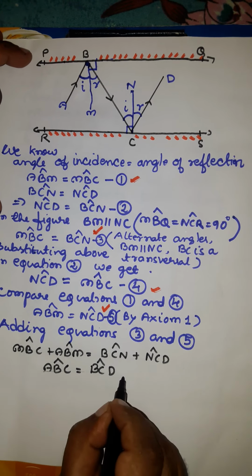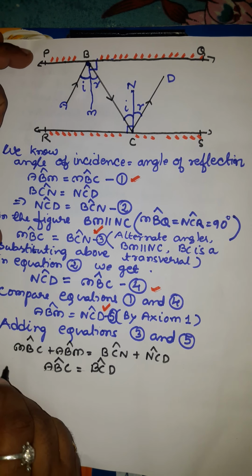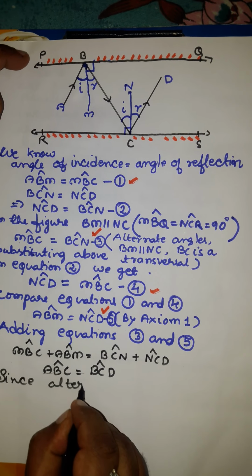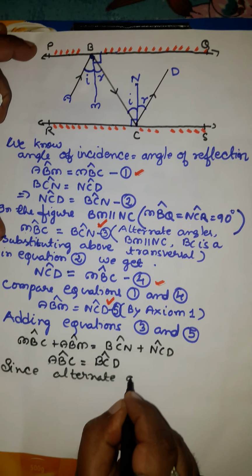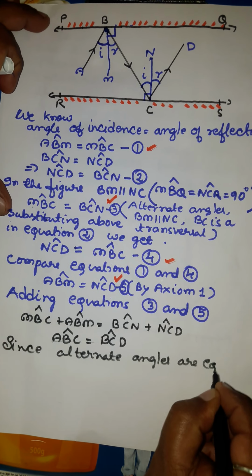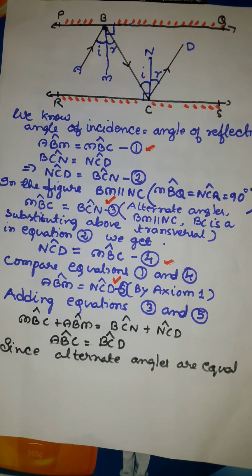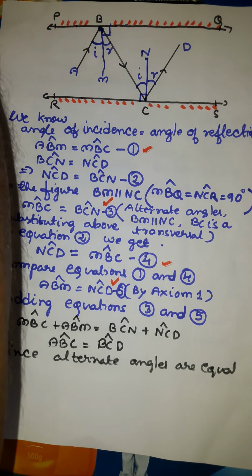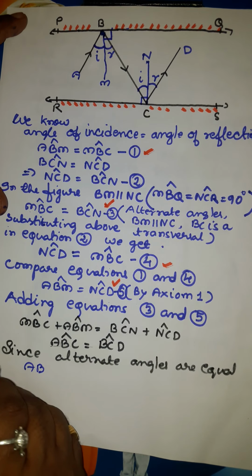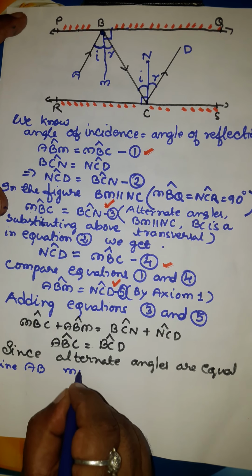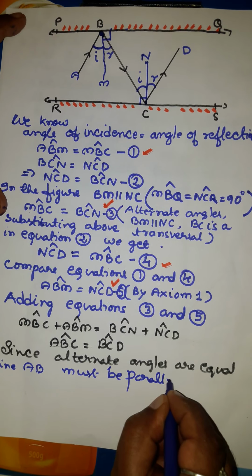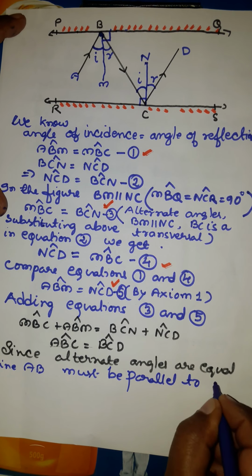So what type of angles are these? Alternate angles. Since alternate angles are equal, line AB must be parallel to CD.